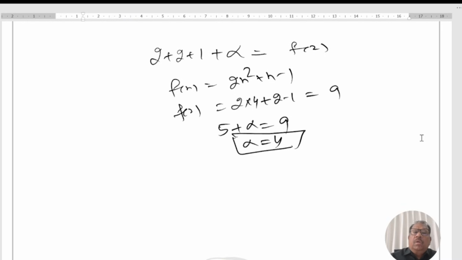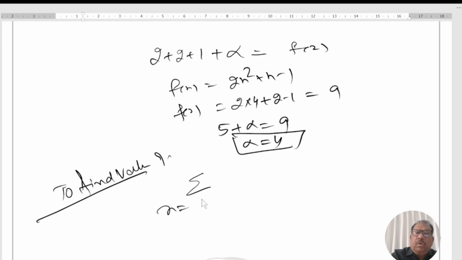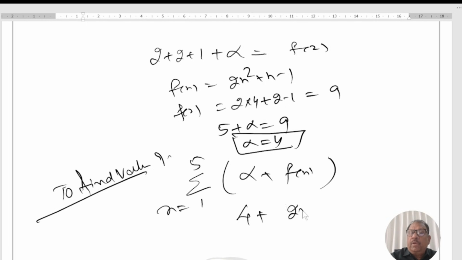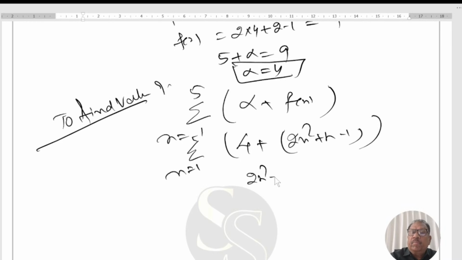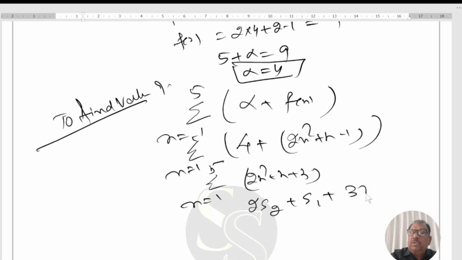Alpha equals 4. Now to find the value of summation n equal to 1 to 5 of alpha plus f(n). The value of alpha is 4, so 4 plus 2n square plus n minus 1, summation n equal to 1 to 5. On simplification, 2n square plus n plus 3, summation n equal to 1 to 5. So twice S2 plus S1 plus 3n.